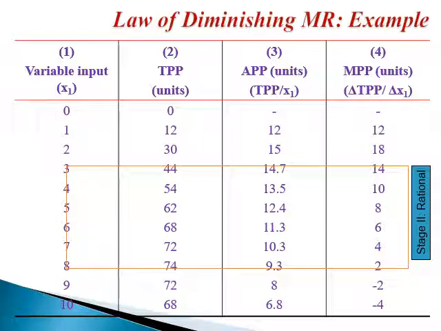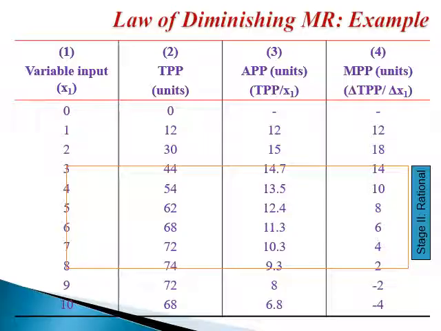And we know that stage 3, of course, is irrational, because in stage 3, the more you add the variable input, output will decline. So no rational producer will ever do that. So all the economics is in stage 2.